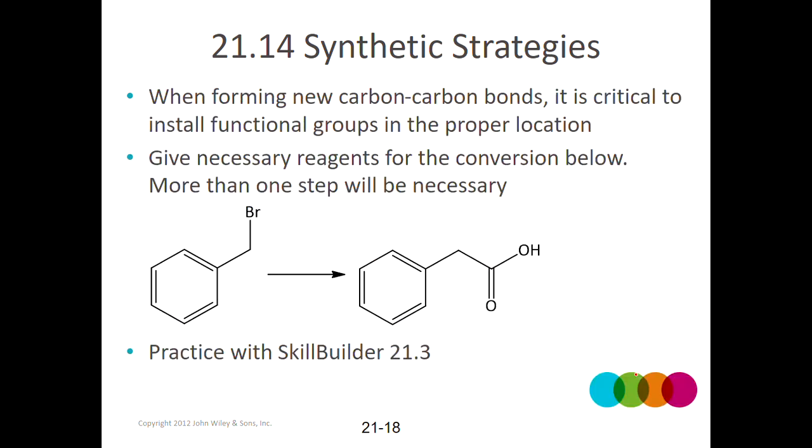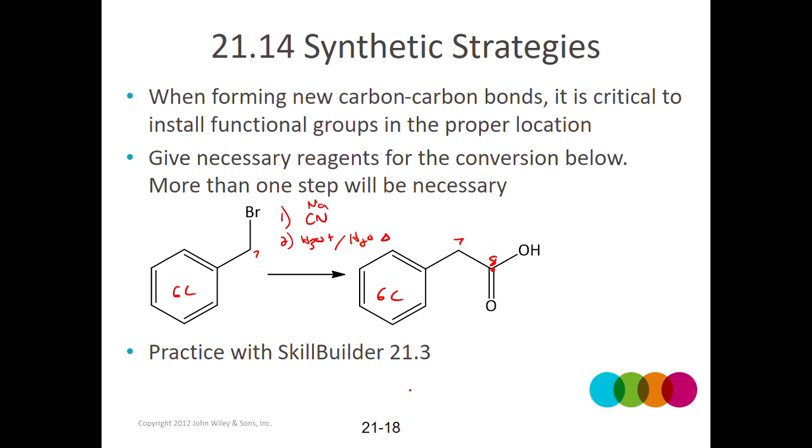Now here's a particular application of that. So this is really quite straightforward. We've got 2 options here. I notice there are 6 carbons in the ring, 1 outside the ring. And now I see, okay, I'm going to extend the chain by 1 additional carbon, and I'm going to make a carboxylic acid. So one option there is to use a CN minus to push out the bromine and then hydrolyze it.